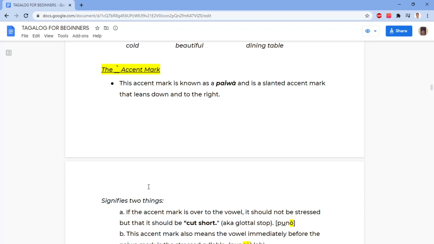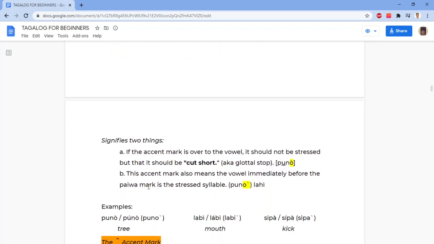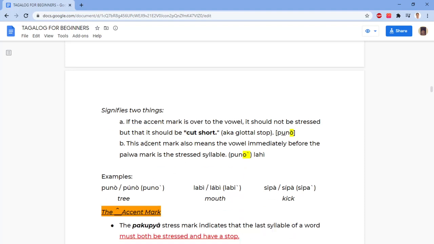That is a glottal stop. That's why this mark signifies two things. First, a cut short, or glottal stop, for example, puno, puno.